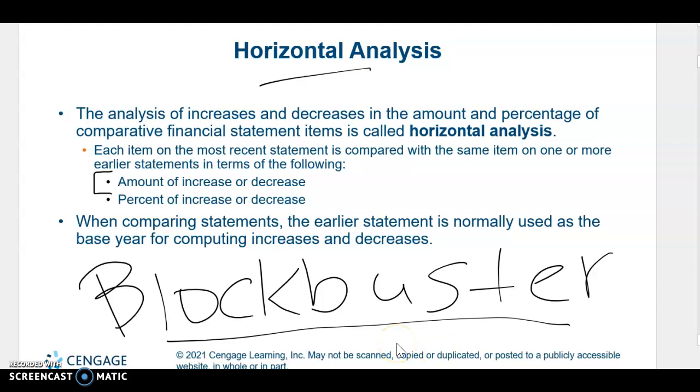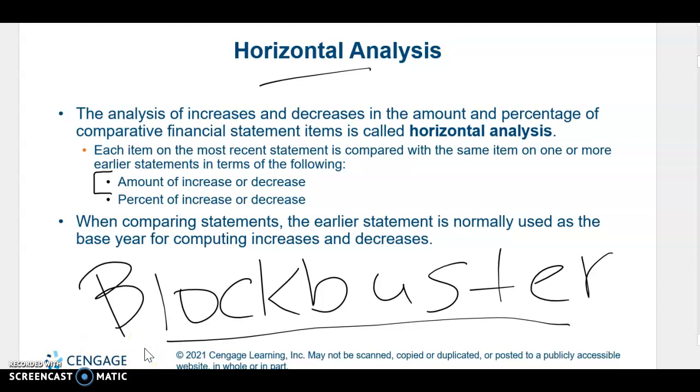So their inability to keep up with the changes to digital format caused them to not be able to compete with companies such as Netflix and iTunes. And eventually they went out of business.